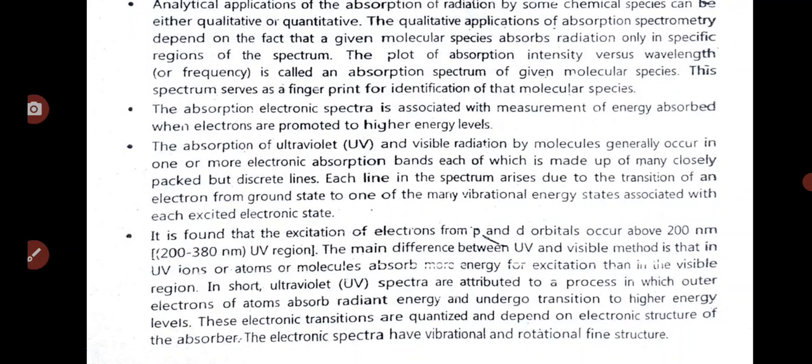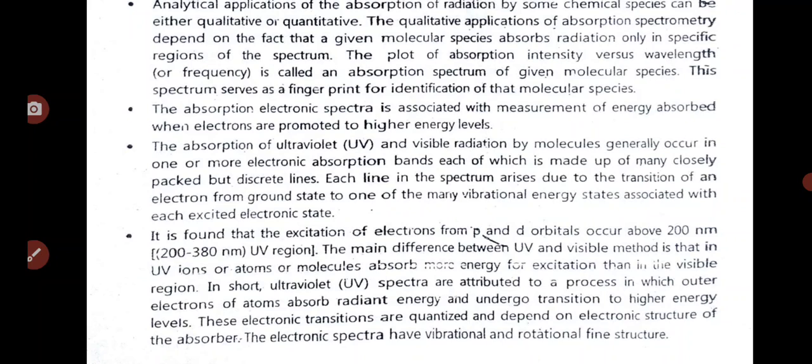It is found that the excitation of electrons from p and d orbitals, where p has orbital angular momentum L equal to 1 and d equal to 2, occurs above 200 nanometers to 380 nanometers, which is considered the UV region.